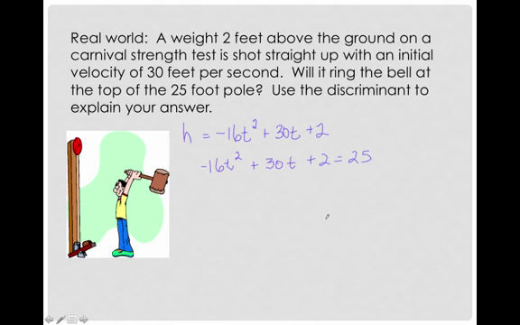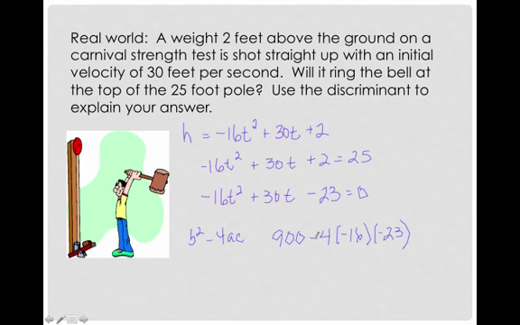Will it get there? Well, I'm going to solve like I did before. Negative 16t squared plus 30t. I need to move that 25 over, so I'm at minus 23 equals 0. And I'm just going to see if my discriminant will yield me an answer. So my discriminant, remember, is b squared minus 4ac. So let's plug in my values. B squared is 900 minus 4 times negative 16 times c, which is negative 23.